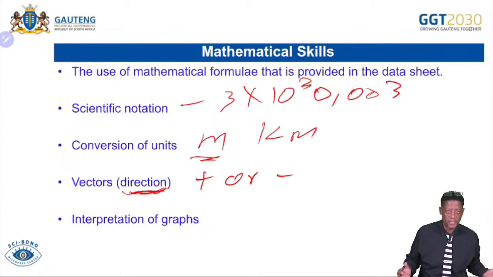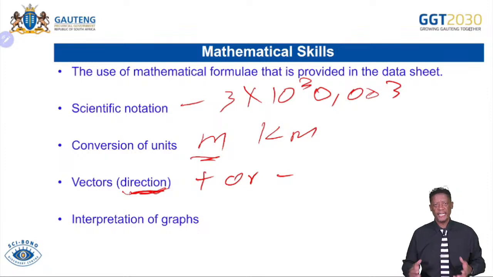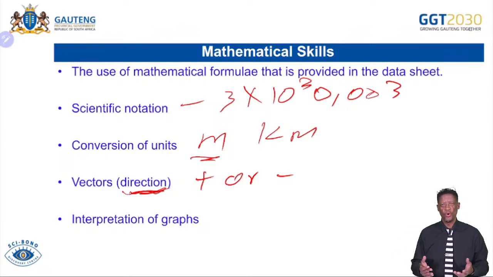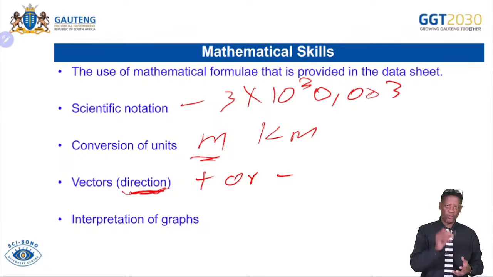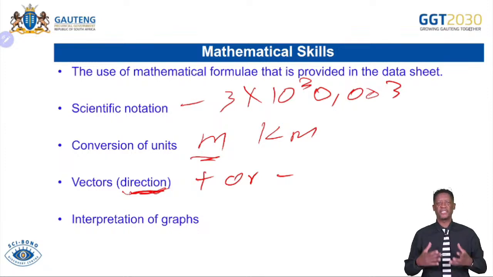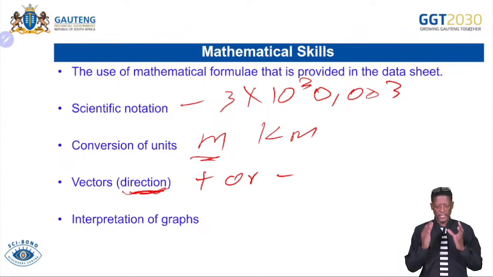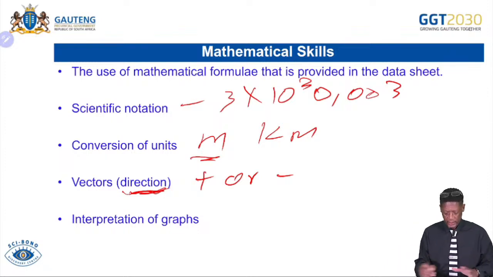If you get your force being negative 5 Newton, it tells you which direction it goes. If you get the acceleration as 2 meters per second squared with a plus in front of the 2, it tells you it's moving forward. So it's very important that you use the direction.